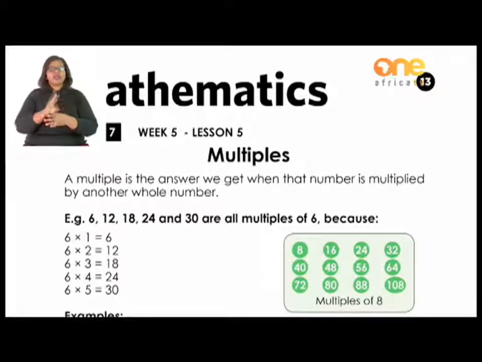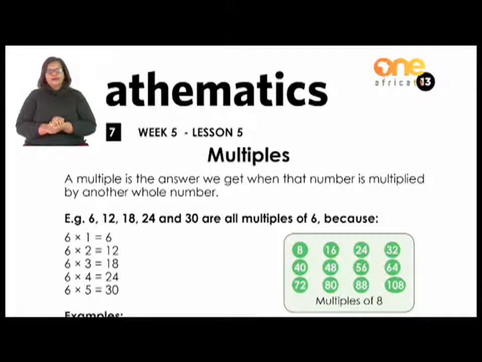Because 6 times 1 equals 6, 6 times 2 equals 12, 6 times 3 equals 18, 6 times 4 equals 24, and 6 times 5 equals 30. So the multiples of 6 are the answers we get when we multiply numbers by 6.